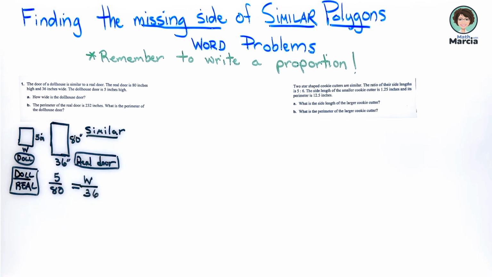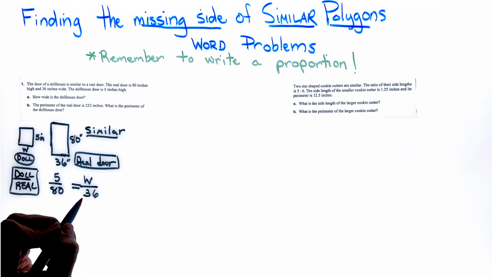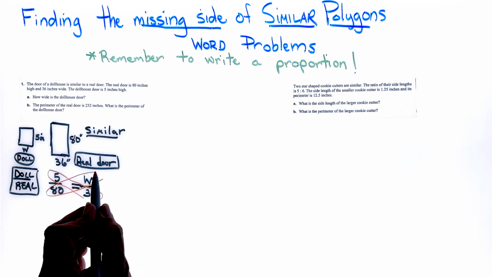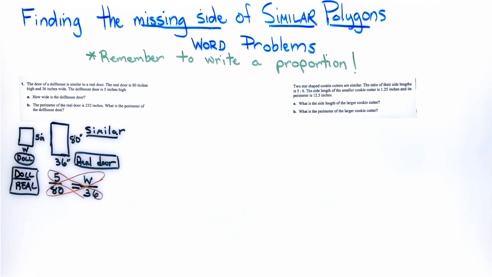So as we're working this problem, remember, when we solve a proportion, we're going to solve using cross products. And cross products means, doesn't it look like a very big multiplication sign? We will go ahead and we will be multiplying our numbers that are across from each other.